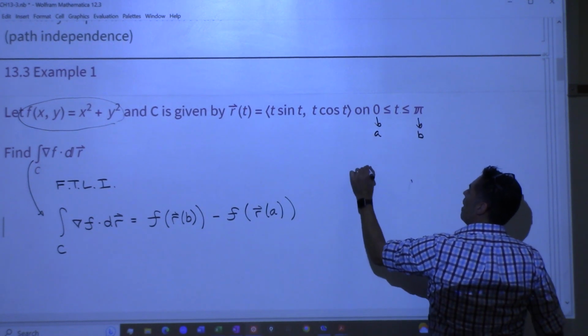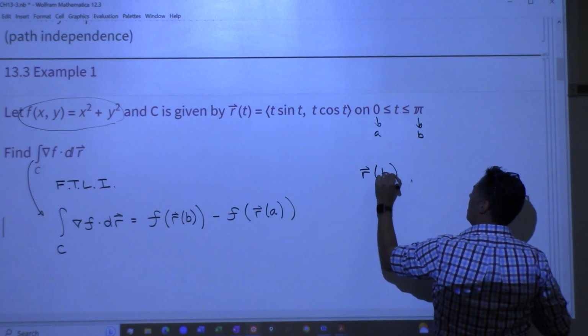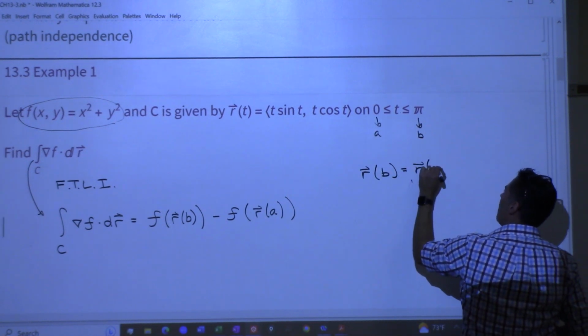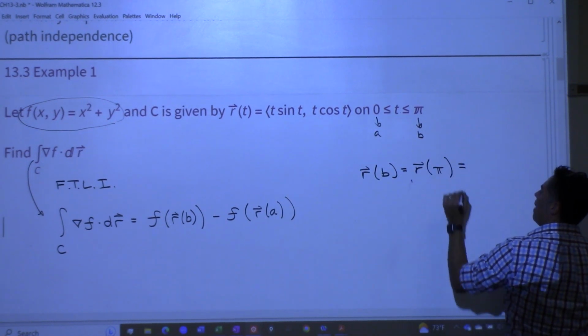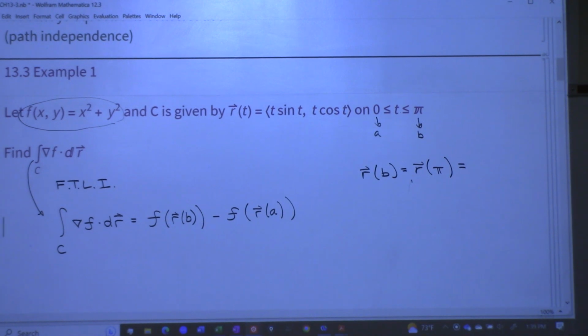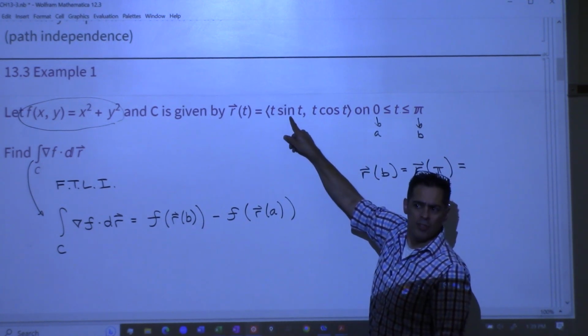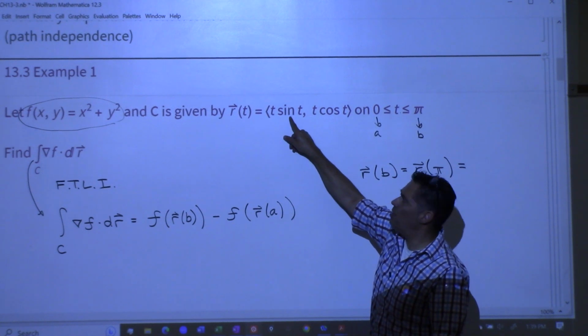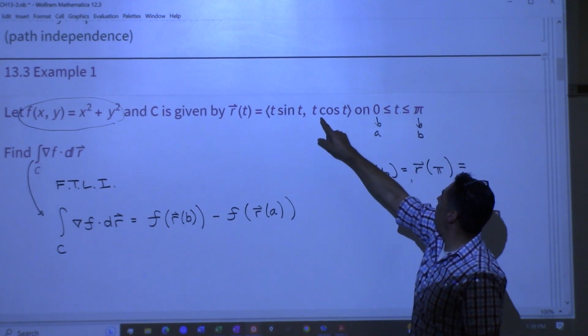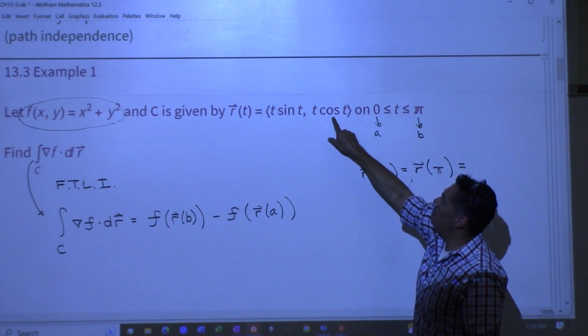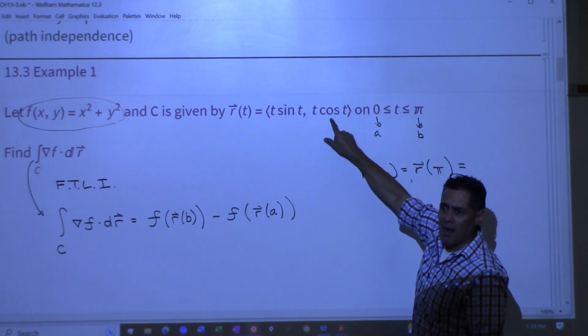So what is the vector function at B? Well, that's the vector function at pi. What's the value of the vector function at pi? So let's plug pi in here. Pi times, what's sine of pi? 0, right? Sine of pi is 0, so that's 0. And then plug in pi here, times cosine of pi is -1, so just negative pi.